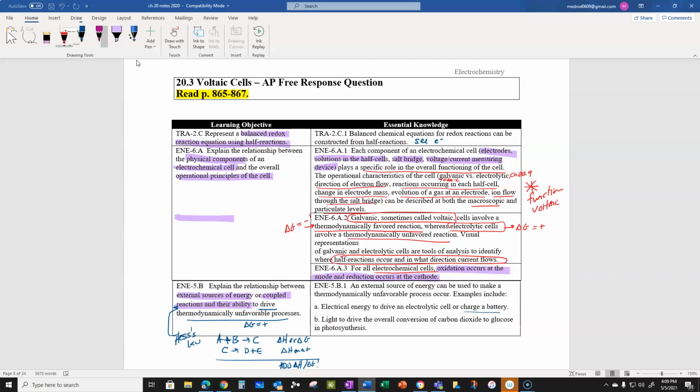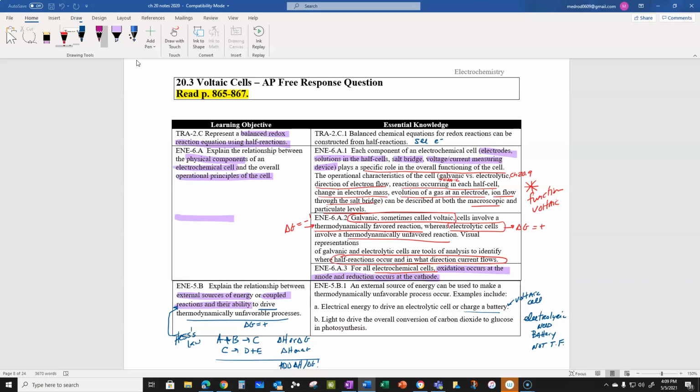Okay. Usually right here, a battery, it is a voltaic cell. And what happens is electrolytic cells need a battery. And that's what makes it not thermodynamically favored, because it relies on something to make it work.